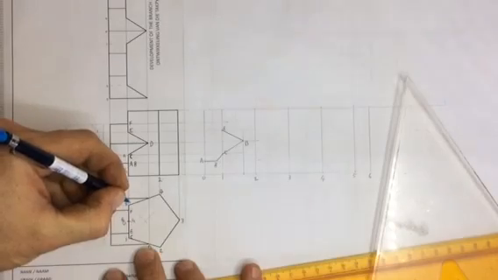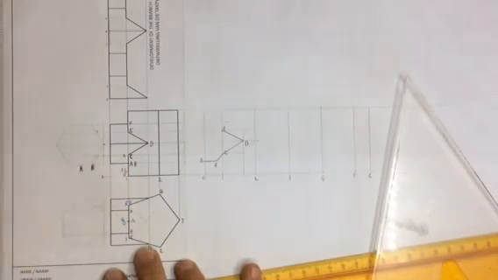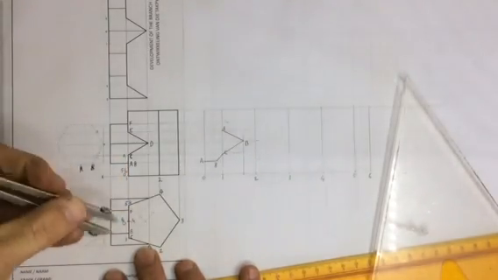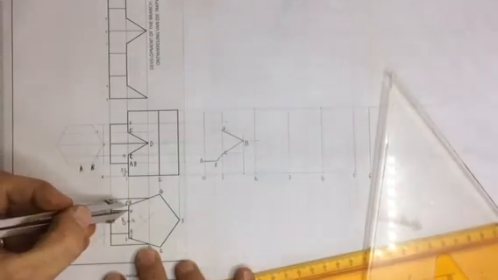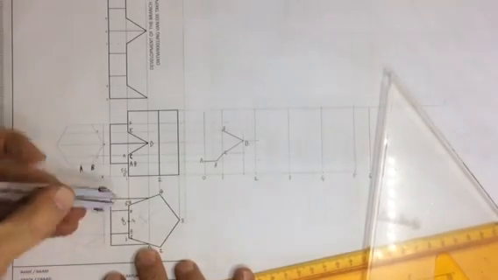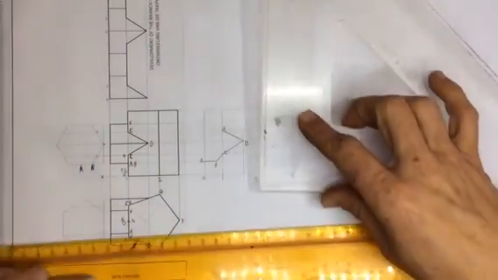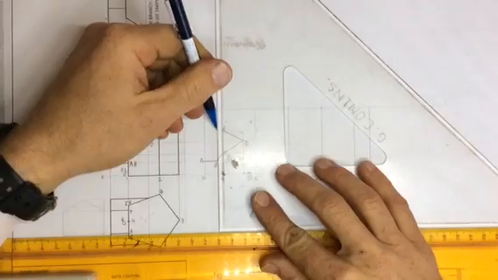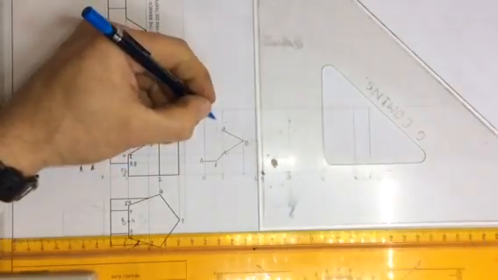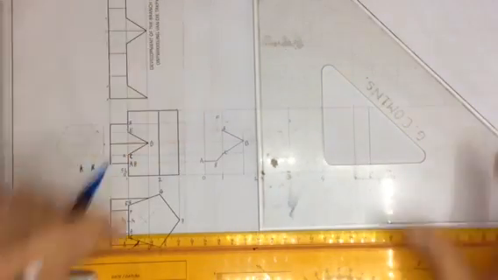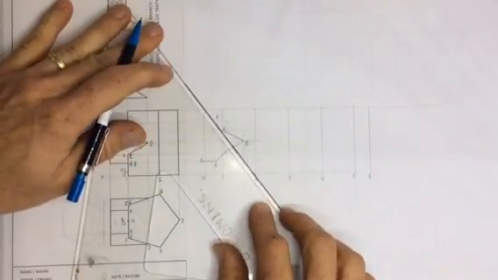So E would be over there. E to F would be that little distance over there. E to F, that distance, take that up. And that would be point F. Link that up.